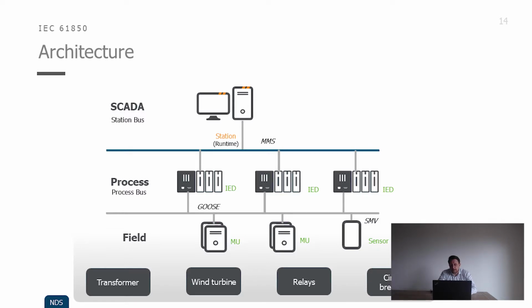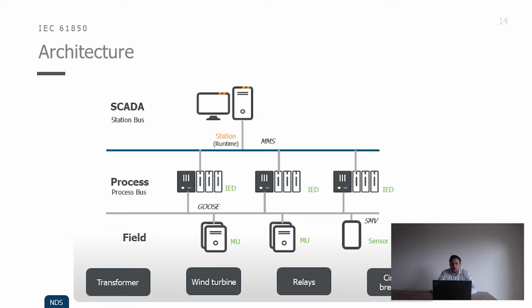Therefore, the IEDs can react very fast if an error is detected in the network. Because they are programmable, they can even make some decisions based on the signals derived from the other IEDs. So there's no need anymore for hardwiring important signals.